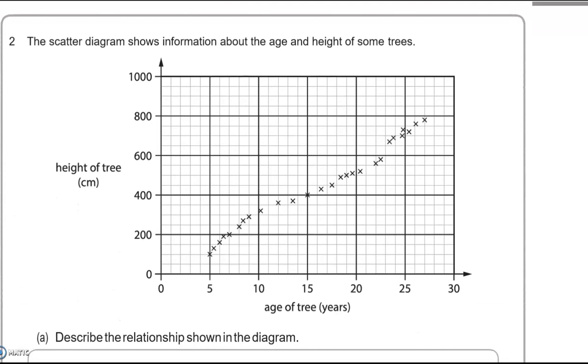The scatter diagram shows information about the age and height of some trees. Describe the relationship shown in the diagram. As you can see, the higher the age, the higher the height of the tree. So this is a positive correlation.